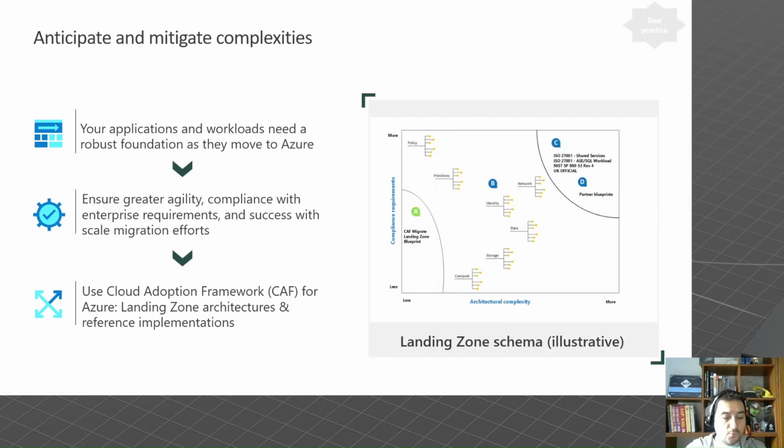The idea is to create the foundation. So the illustrative screenshot on the right side handles policy, some primitives, identity, network, data, storage, compute. It refers to a blueprint, but blueprints are something that will probably go away soon enough. So probably Bicep and template specs, things like that, would be the way to go from this standpoint.